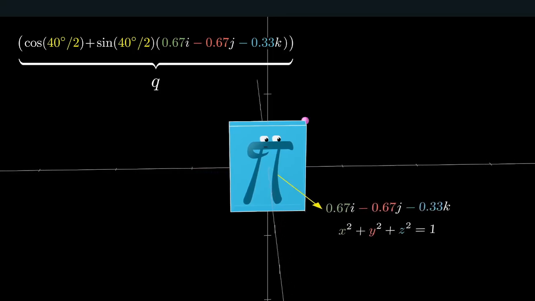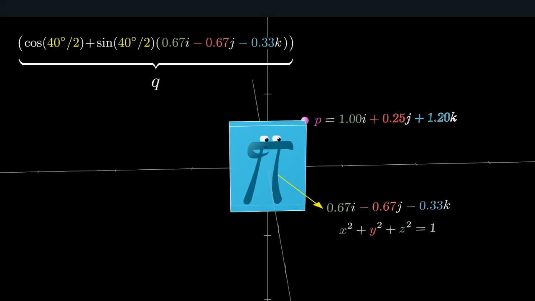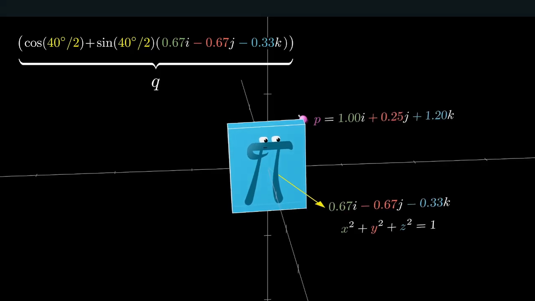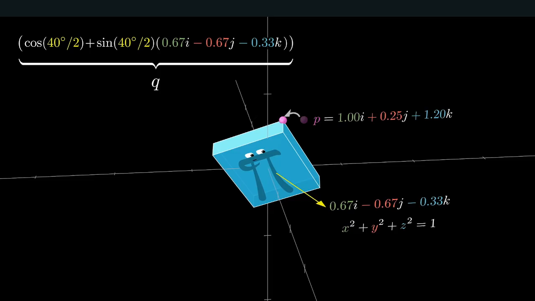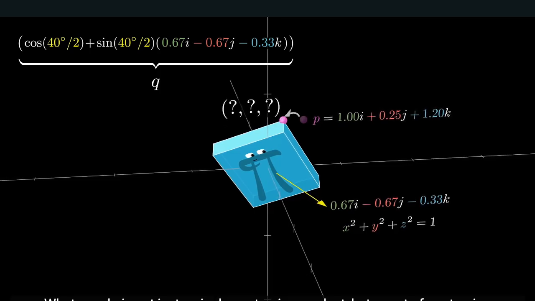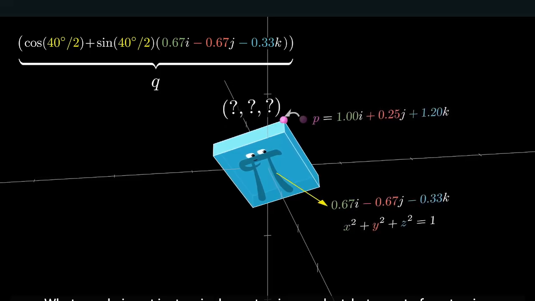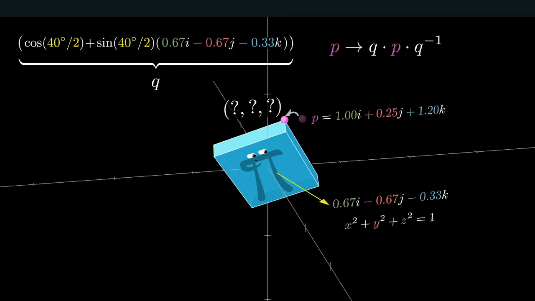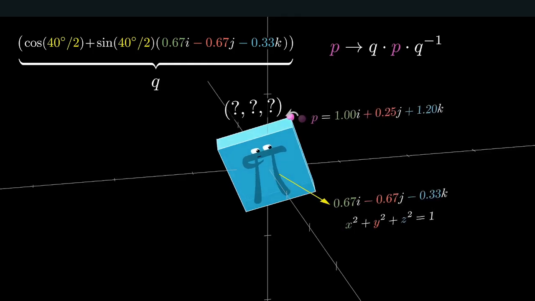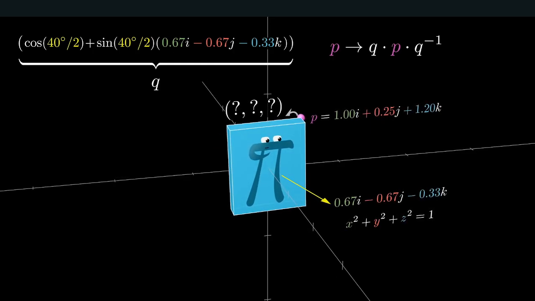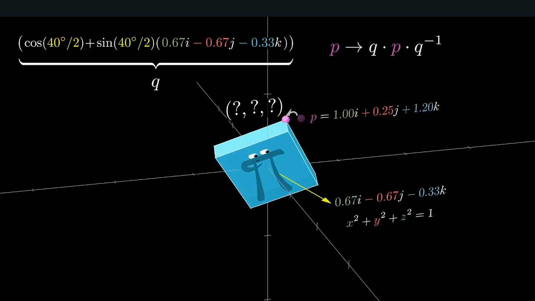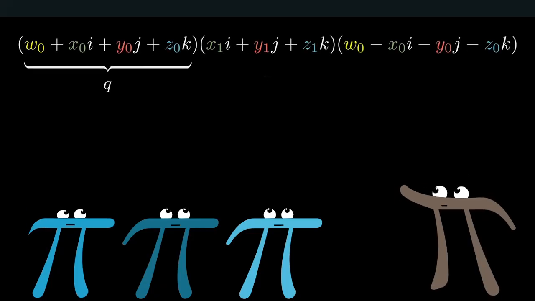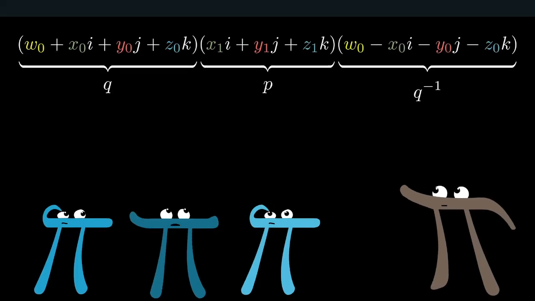Now let's say you have some 3D point, which we'll write with i, j, k components, and you want to know the coordinates that you'd get when you rotate this point by your specified angle around your specified axis. What you do is not just a single quaternion product, but a sort of quaternion sandwich, where you multiply by q from the left and the inverse of q from the right. If you know the rules for how i, j, and k multiply amongst themselves, you can carry out these two products by expanding everything out, or more realistically by having a computer do it for you.